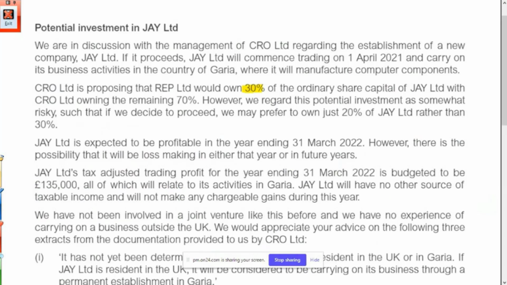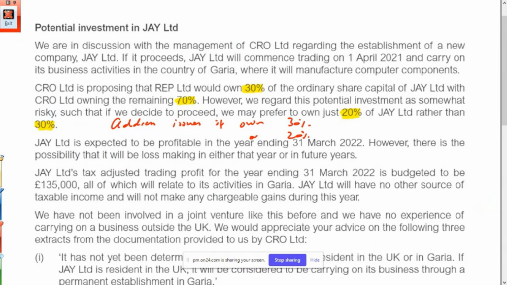You've got a proposal that your client would own 30%, and the other company 70%, or it might be you own 20% of J and the other company owns 30%. So there's alternatives you need to consider. I'm just going to note this in here: we need to address the issues if we own 30% or 20%. Okay, so that's a key piece of information to pick up.